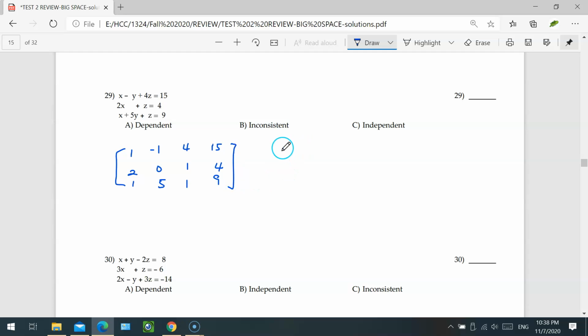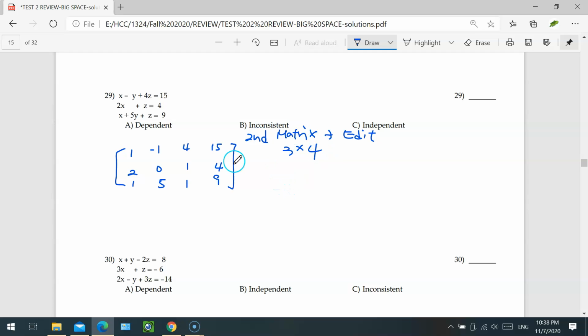So you create a 3x4 matrix, right? Go to second, matrix, move to the edit, and you create a 3x4 matrix.